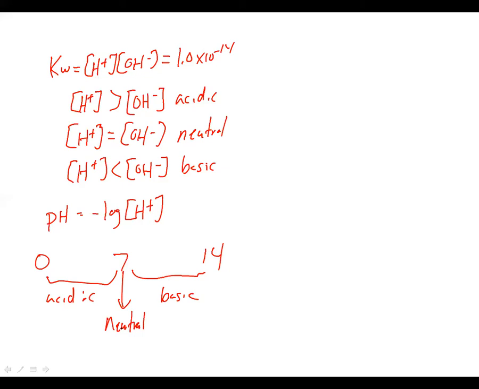If you have a non-display calculator, you need to go backwards: start with the number, hit log, and then hit the negative. As you go from 7 closer to 0, that's more acidic. As you go from 7 to 14, more basic. And the pH scale is typically what we use to determine if something is acidic, basic, or neutral.